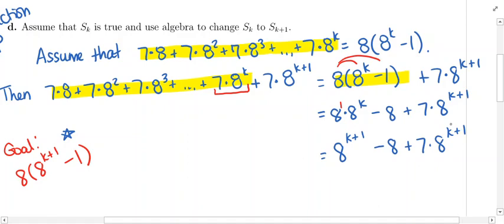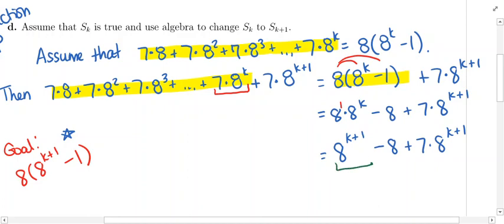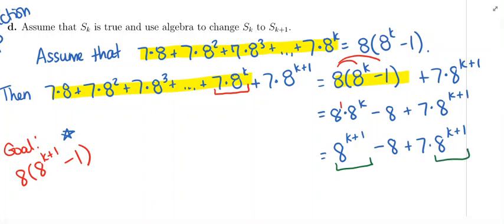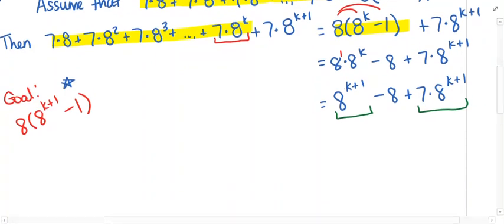At this point, I see like terms. This term has an 8 raised to the k plus 1 power, as does this term, okay? So I am going to combine these two like terms, okay? But I'm going to do a little bit of rewriting so that it's clear. This first term is 1 times 8 to the k plus 1. I'm going to write this term next so that they're side by side.